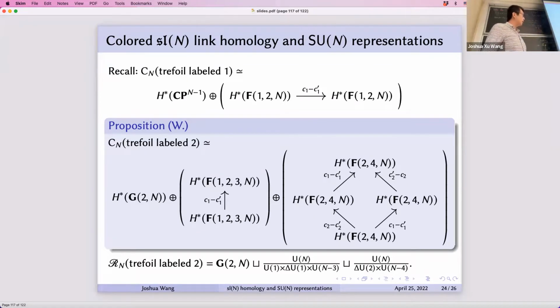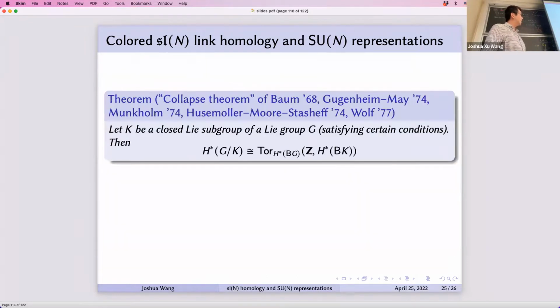And the way that I show that they match up is by a theorem in algebraic topology from the 70s that's known as the collapse theorem. And it's a theorem about how to calculate the cohomology of a homogeneous space. So if you've got a Lie group G and a closed Lie subgroup K satisfying certain conditions, then the cohomology of that space can be calculated by a Tor.